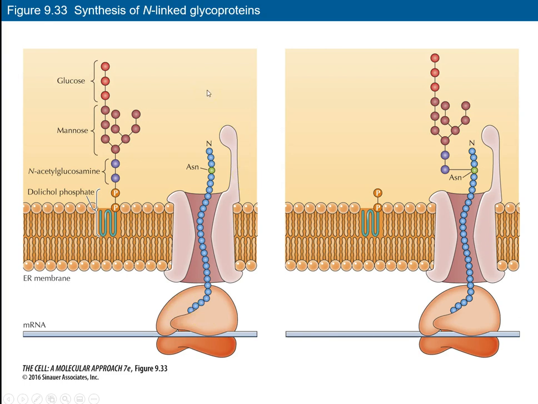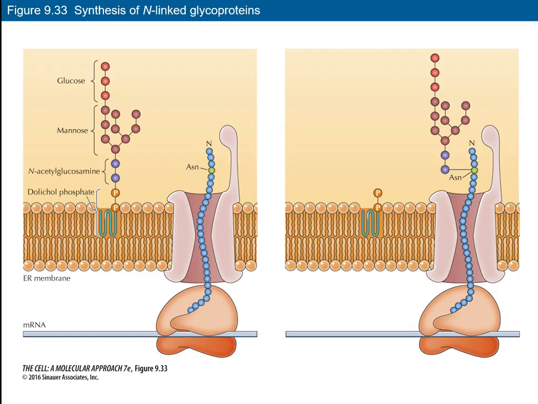That's why they're sitting there. So here's your polypeptide chain being made. It's going right into the ER. And as it enters the ER, you have this carbohydrate chain sitting there ready to be added, and basically, it gets added. Obviously, there are lots of things happening in between here and here that we're not talking about, but it's going to be added inside the ER, simultaneously as it's finishing being translated.